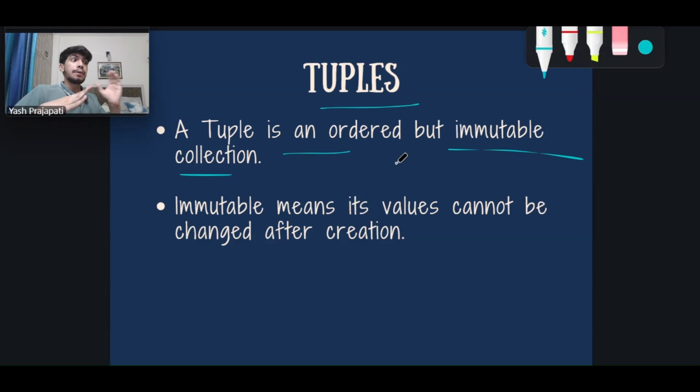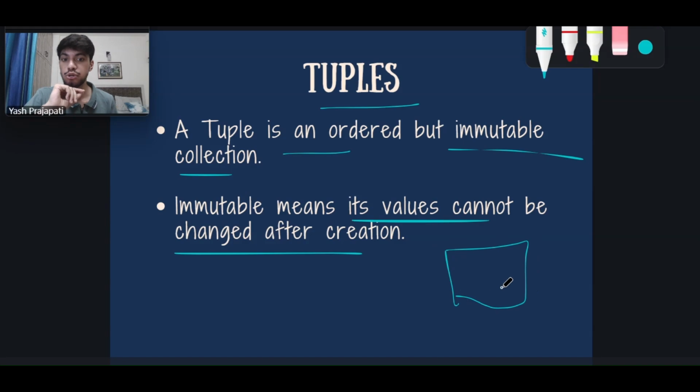What is immutable? Mutable means we can modify it, we can change it according to ourselves, but it is an immutable collection, so we cannot change it. If it is fixed, it is fixed. Immutable means its value cannot be changed after creating a tuple.